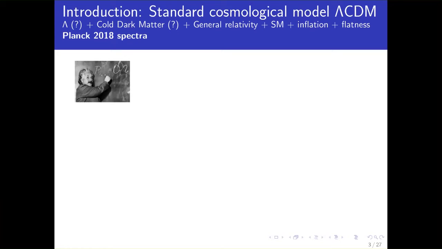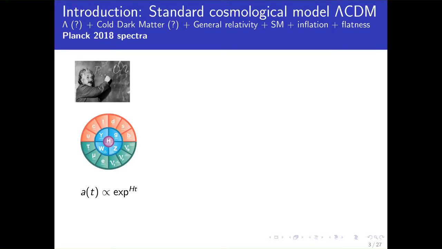As you know, in the standard model, general relativity is the theory of gravity. We have the standard model of particle physics, which partially describes the matter content in the universe. We also have an inflationary period and two mysterious components that we call dark matter and the cosmological constant, which make up most of the matter content we know.